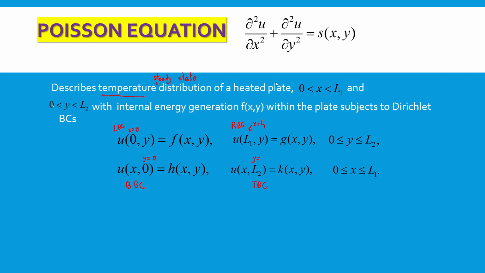So you have two dimensions, where the horizontal is put on the x-axis from 0 to L1, and the vertical is put on the y-axis from 0 to L2, with the internal energy generation s(x,y).